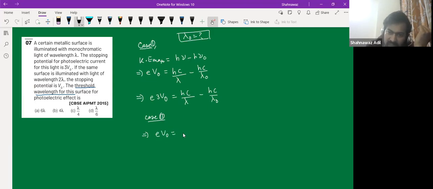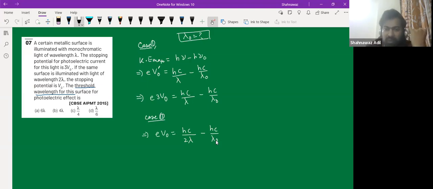Because this would be misleading, let's say this is V naught prime, since the other value is 3V naught. And this value is hc by 2 lambda, since the wavelength is now 2 lambda, but this thing will remain the same.